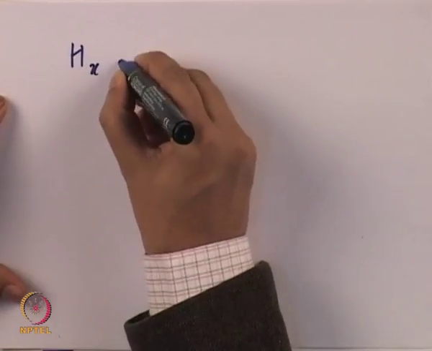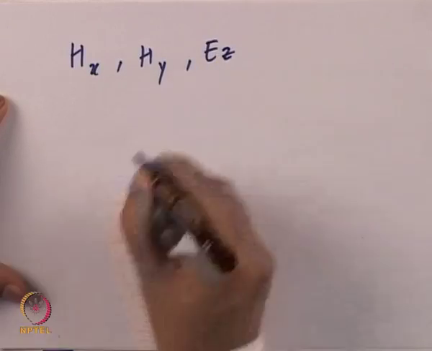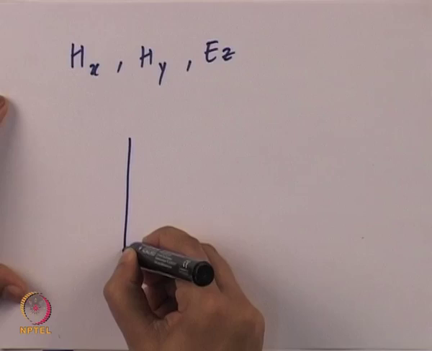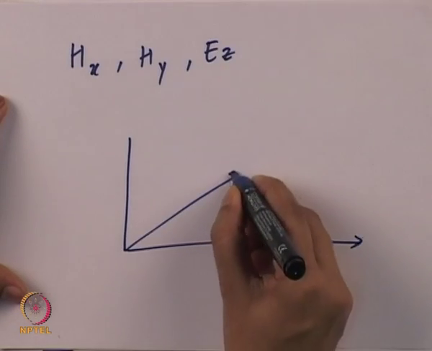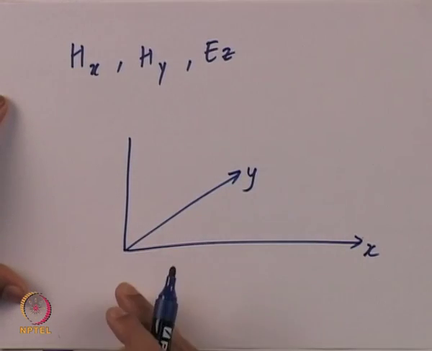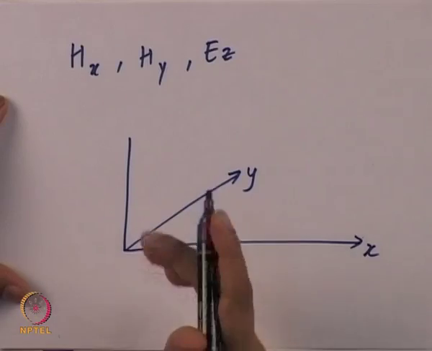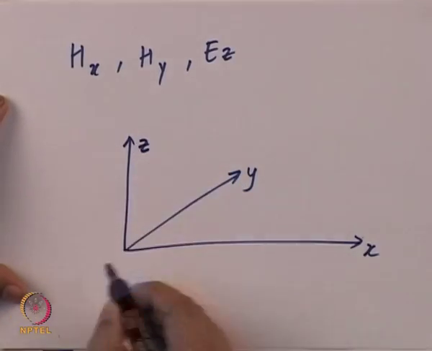So we have Hx, Hy and Ez. The plane of propagation is going to be the XY plane, and the Z direction is going to be the perpendicular direction to the propagation.